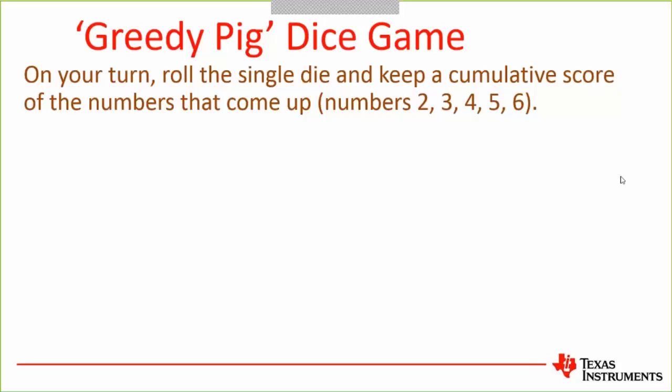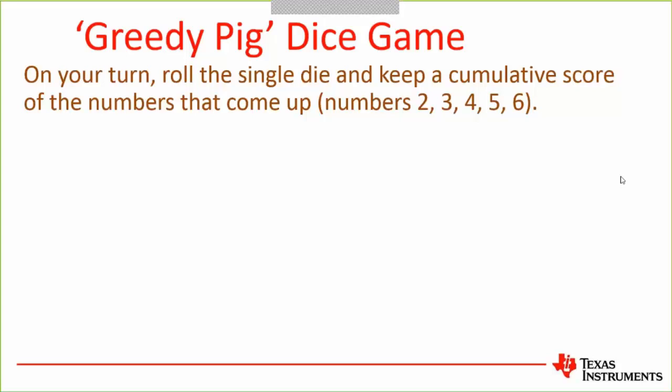I used this in the commencement of this topic with my methods classes, because quite often I've had the very same students earlier on in their school life, in year 8 or year 9, and we played the Greedy Pig dice game. For those of you who haven't played it, it involves taking a normal cubic die, rolling it and banking the numbers from 2 through to 6, writing them down as you go, and looking at a cumulative total.